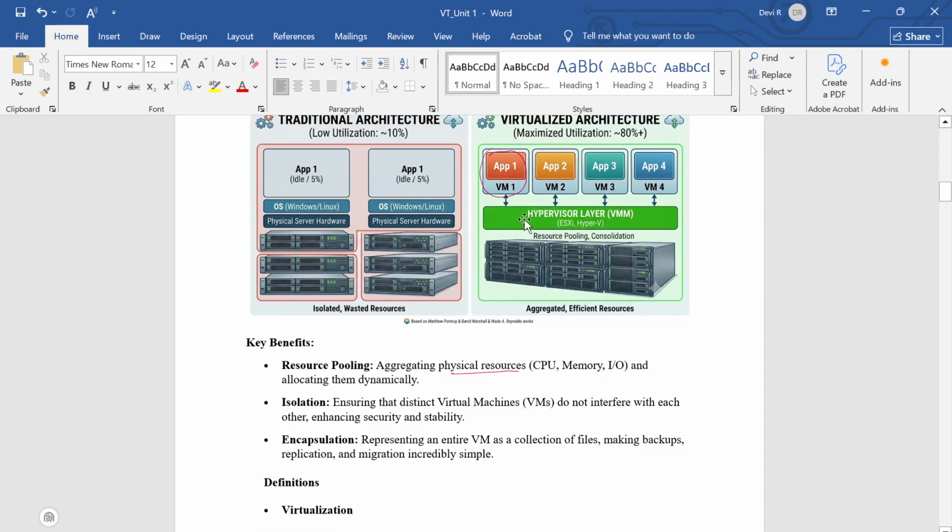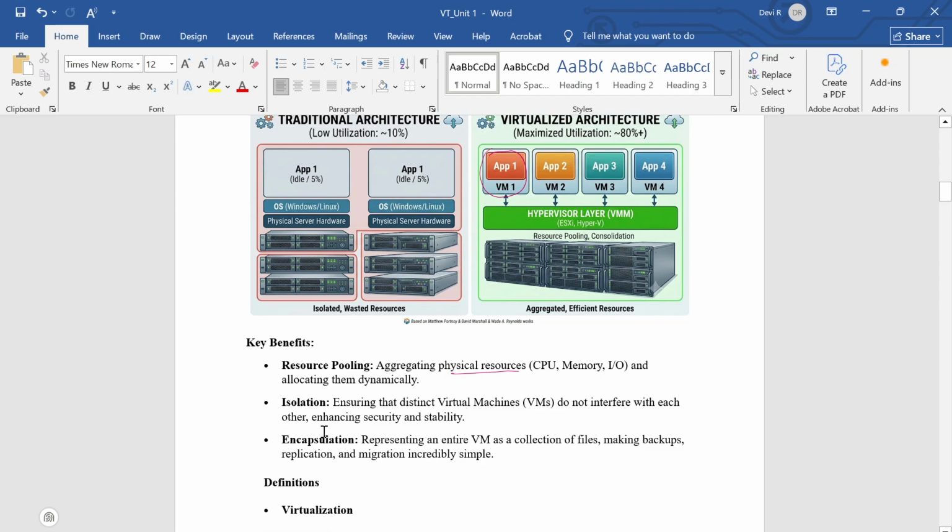It lies as a middle layer between your physical resources and your virtual machines, right? So what is encapsulation here? It is a collection of files making backups, replication and migration incredibly simple.